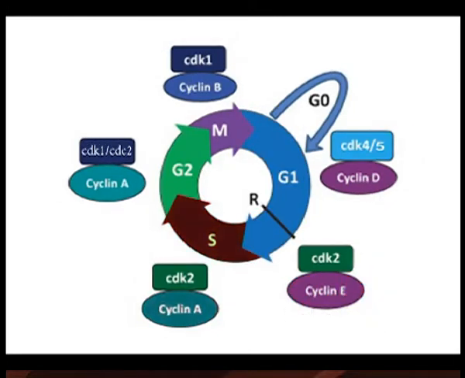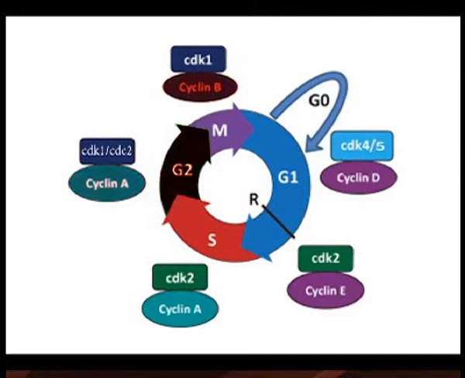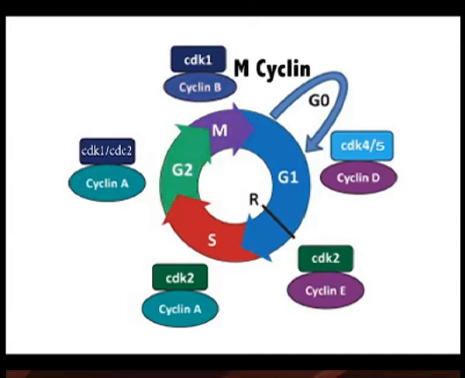Cyclin A is mainly involved in S phase, and it is called S cyclin. Cyclin A and B are involved in G2 to M transition and early M phase. And since cyclin B mainly takes part in G2 to M transition, cyclin B is also called G2/M cyclin or simply M cyclin.